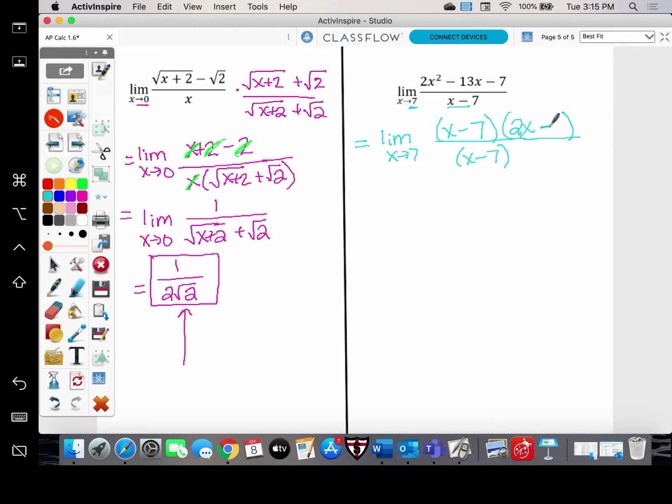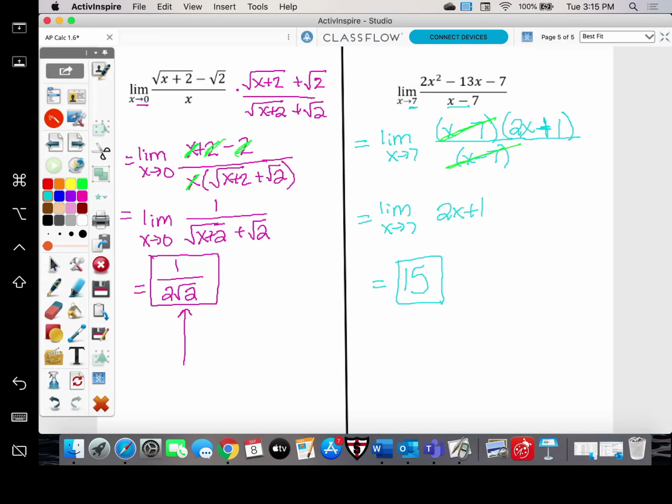So to get 2x squared, I need a 2x, I need a 1, and I need that one to be positive. Okay, now my x minus 7's cancel out. I can write my simplified limit as just 2x plus 1, and now direct substitution works. So 2 times 7 plus 1 should be 15. And we have our answer.